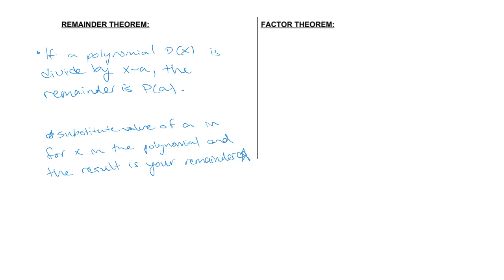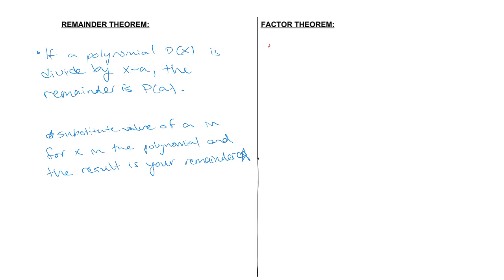Right, that's essentially what this is saying. Now, if your result was 0, then you just don't have a remainder. Right? That means it perfectly divides in. So that's the remainder theorem. Then we have the factor theorem.